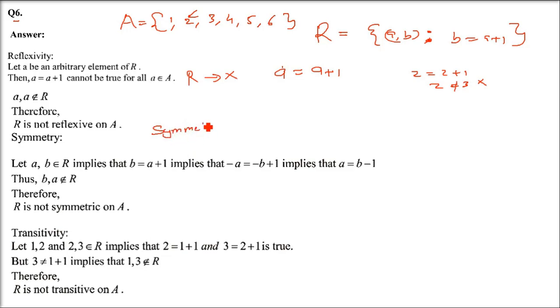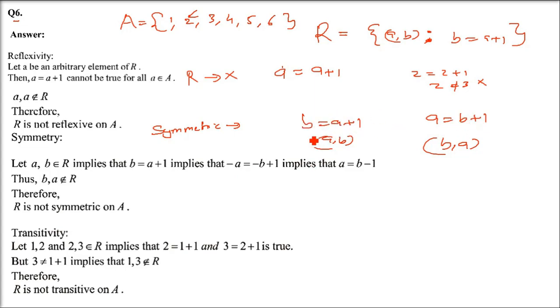Coming to symmetricity. Symmetric is also quite easy. Just replace a with b, b with a. So now b equals a plus 1, I am putting (a, b) here. Now (b, a) will be a equals b plus 1. Now there are multiple ways to prove that it is not symmetric.